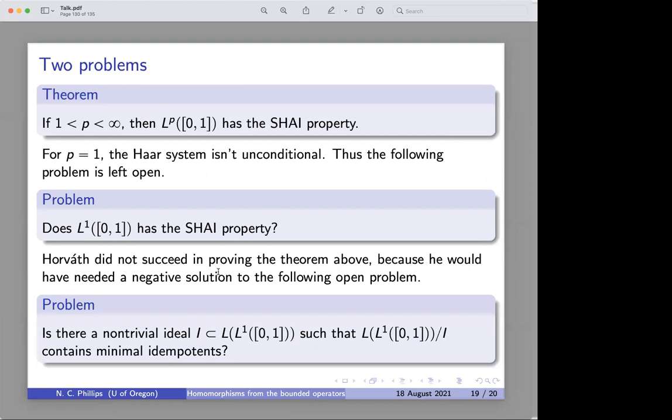Is there a non-trivial closed ideal in the bounded operators on LP here, sorry, not L1, such that the quotient contains minimal idempotents? If there is such a thing, then the fact that the bounded operators on Y has minimal idempotents does not actually help you prove non-isomorphism. If there's no such thing, then you would get non-isomorphism more or less immediately.